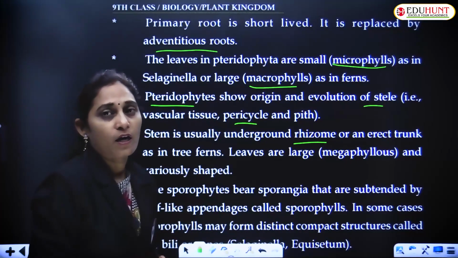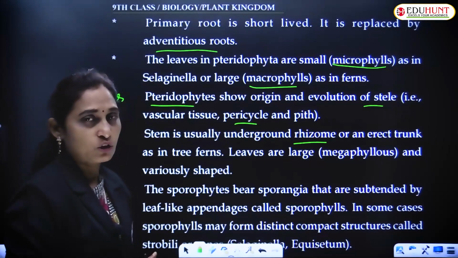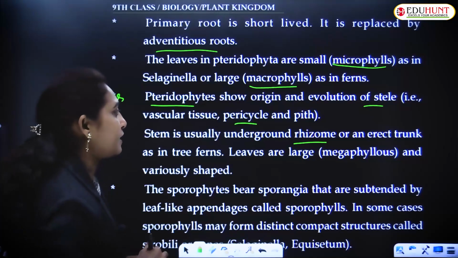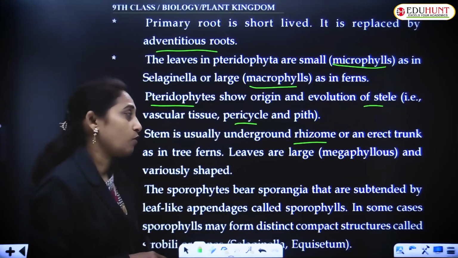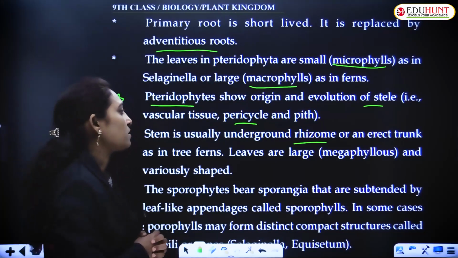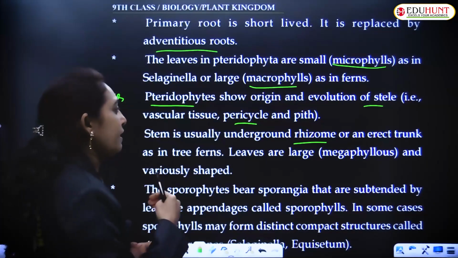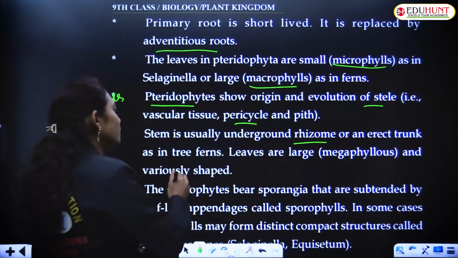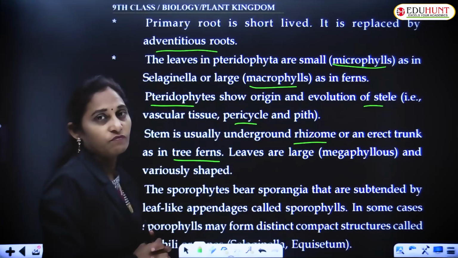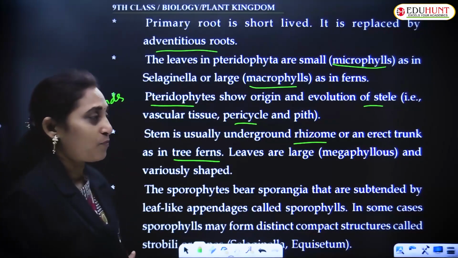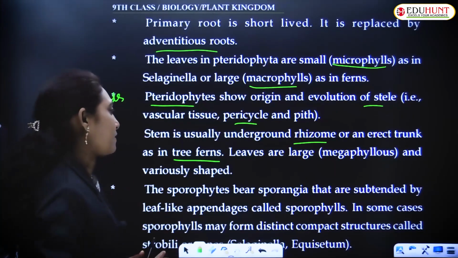Rhizome means an underground stem which grows in the soil in a horizontal manner and spreads in all directions, or sometimes the stem is erect, a trunk as seen in tree ferns. Some of the tree ferns have an erect and aerial stem, not underground.